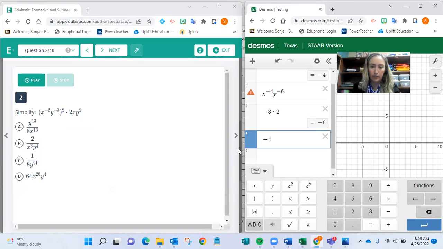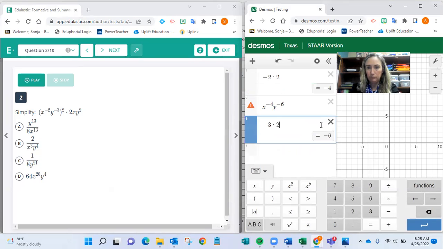So -4 plus 1. So that would be power of -3, which would put it down below. And right here, I have -6. So I would have -6 plus 2. So those are my y's, and I would get -4, which would also be down below. So it would be B.